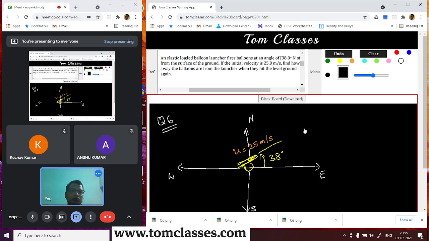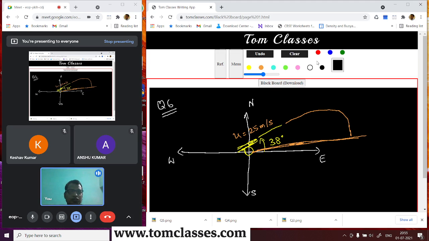So they go like this, and they are going to land someplace like this, right? In 3D it will be like this. So we have to find how far they will go. Yes, so what has to be done?